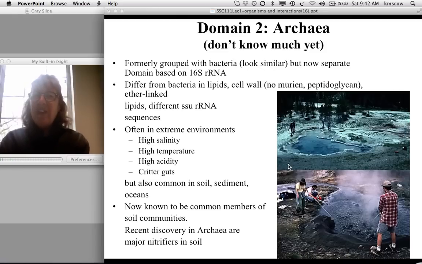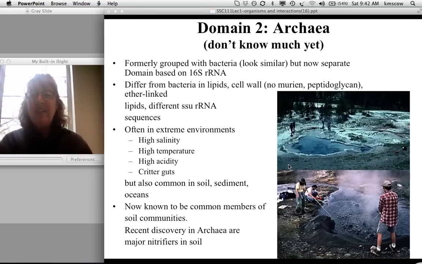So a lot of the information that you see about soil microbiology is not going to mention archaea at all, but you can just assume whenever we're talking about bacteria, you should perhaps think bacteria and archaea. A lot of traits are shared by these two groups of organisms, even though we don't know so much about archaea yet. There are a lot of similarities, so a lot of what I said before also applies to archaea.